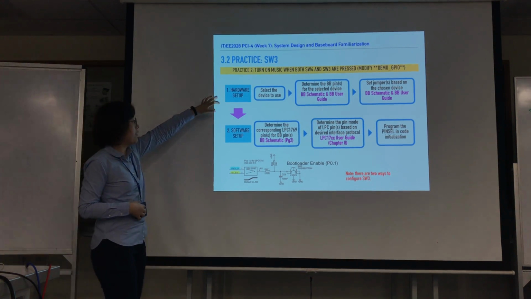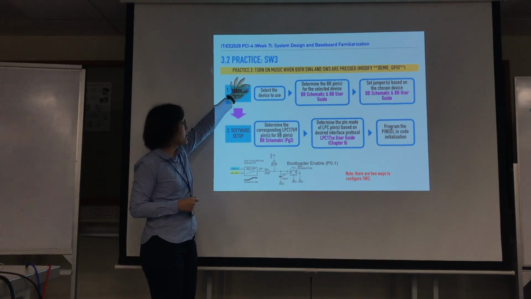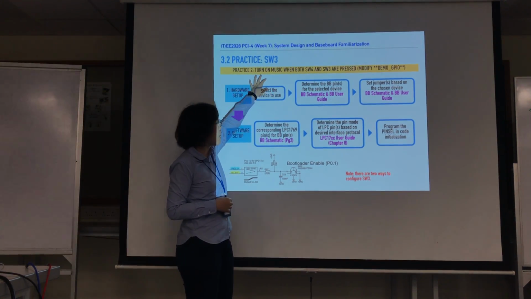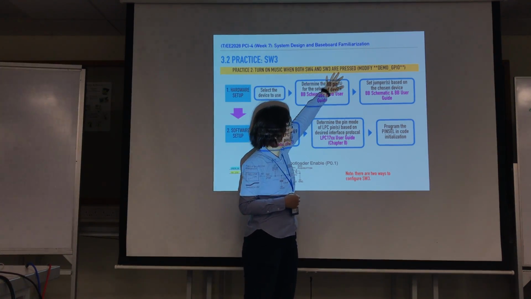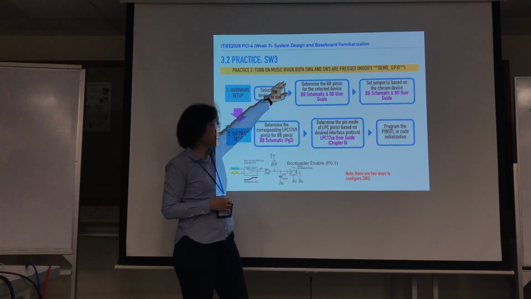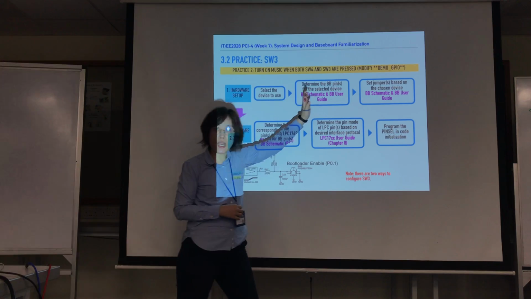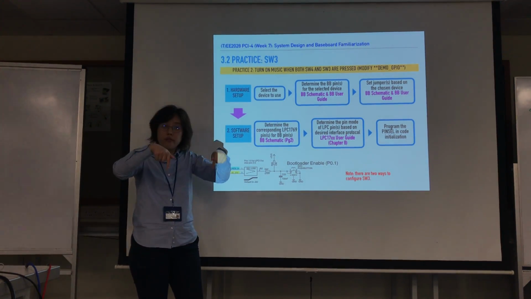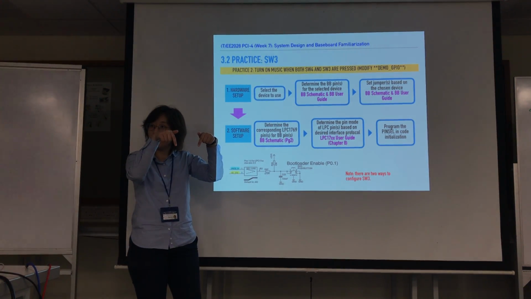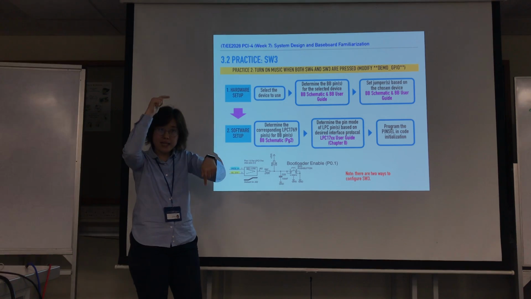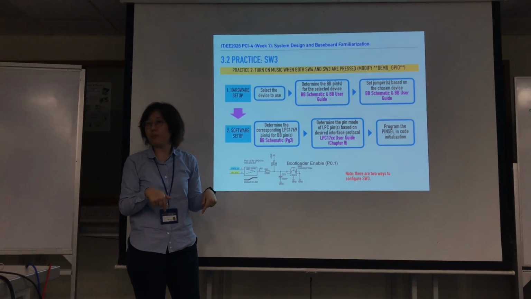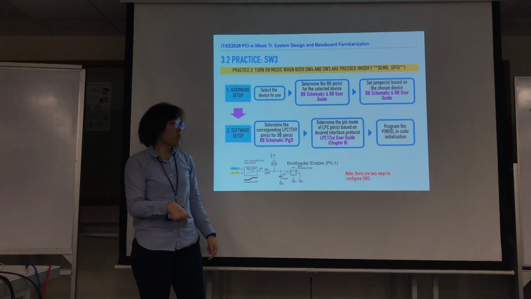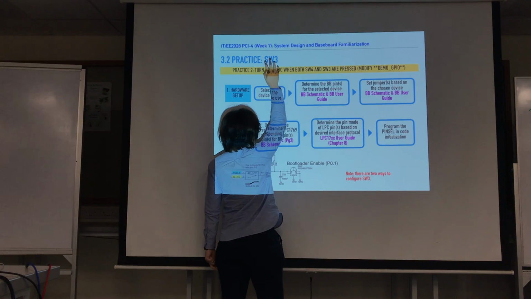And then now I have a second practice. I want you to turn on or play the song when both buttons are pressed. When SW4 and SW3 are pressed. When both of them are pressed at the same time. Okay? If only one of them is pressed, the song is not played. Okay? So far you know how to play the song.